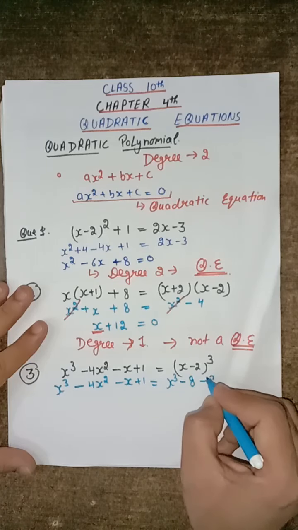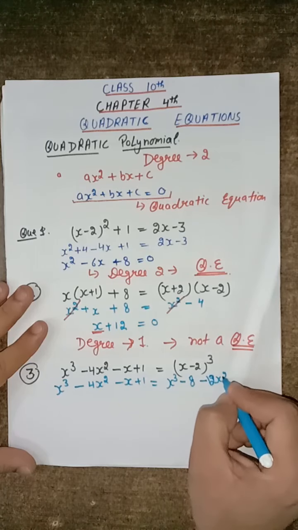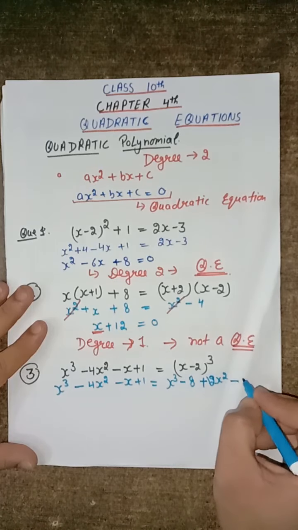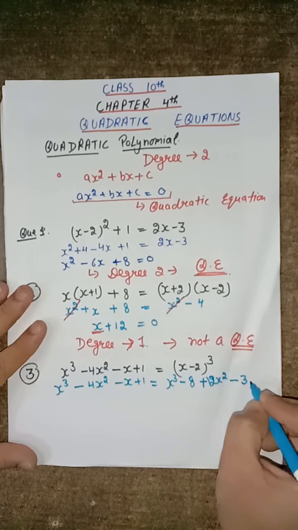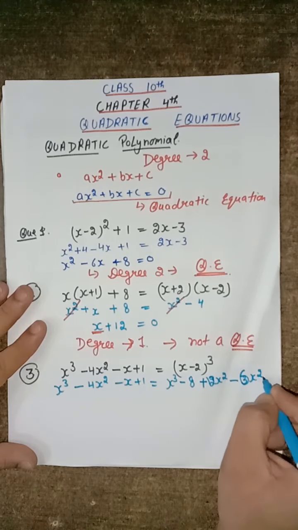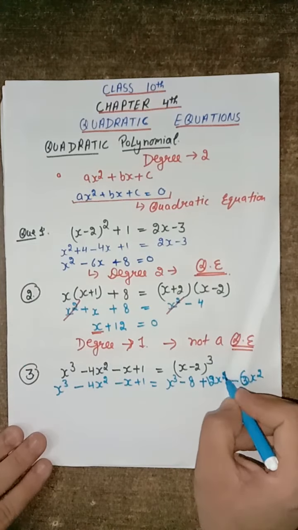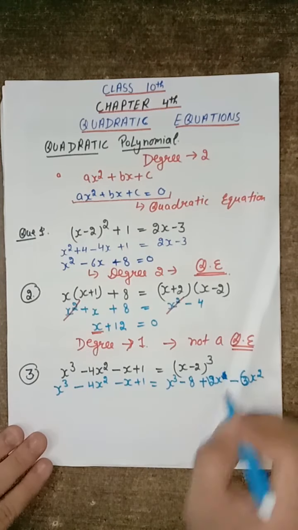This will become 12x squared minus 3x squared, 6x squared, and 12x.